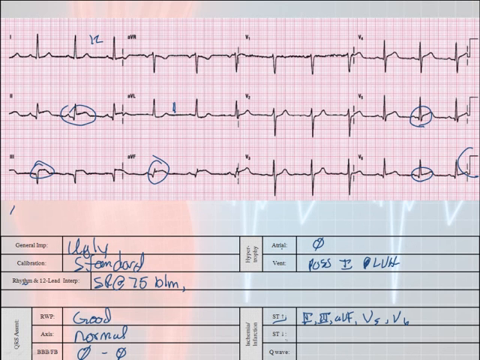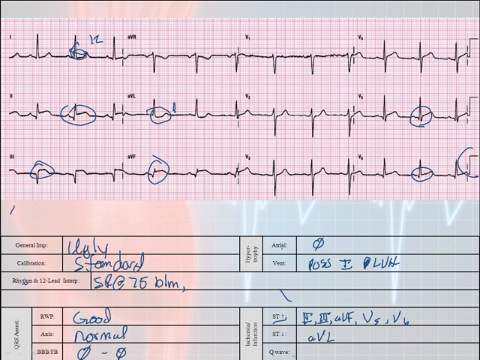Do I have any ST segment depression? It looks like I might have some depression in V1. I definitely have some depression down here in AVL. That might be depression there. Maybe some depression here in V2, but that doesn't tell me much of anything right now. So it looks like I have depression in, definitely in AVL.